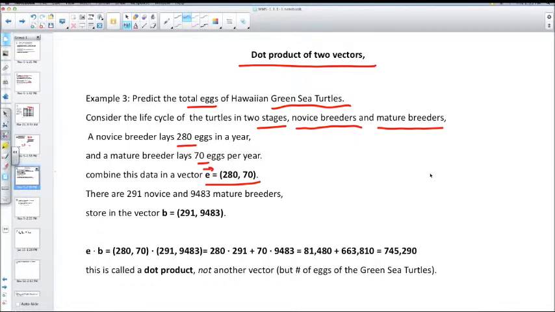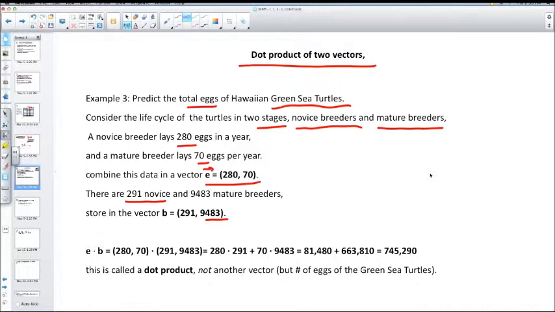And if we assume you have 291 novice breeders and 9,483 mature breeders, how do you calculate the total eggs laid by both breeders?